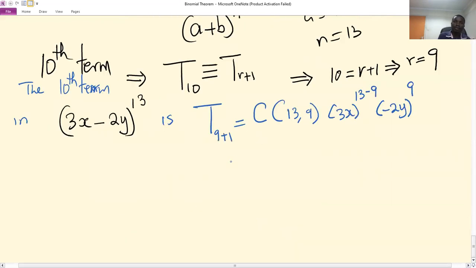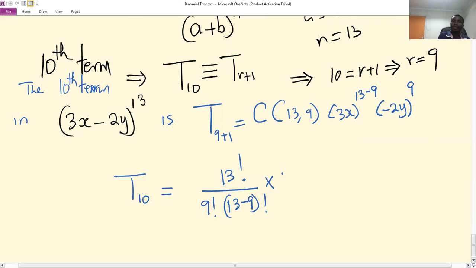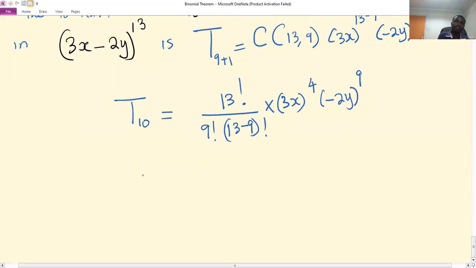So we have 13 factorial. T10 equals 13 factorial over 9 factorial times (13 minus 9) factorial, times (3x) raised to the power 13 minus 9, which is 4, and then (minus 2y) raised to the power 9.